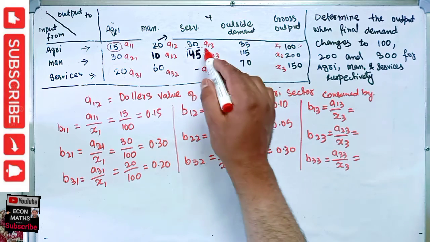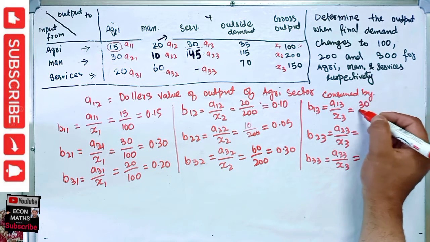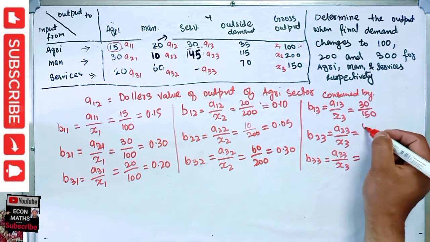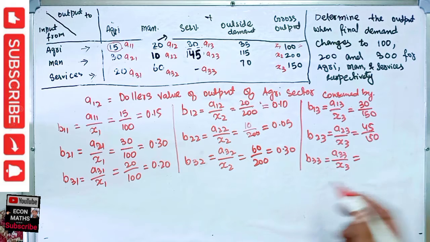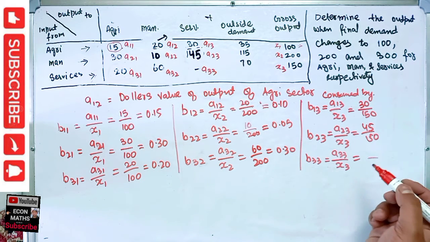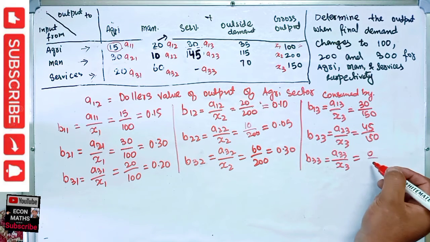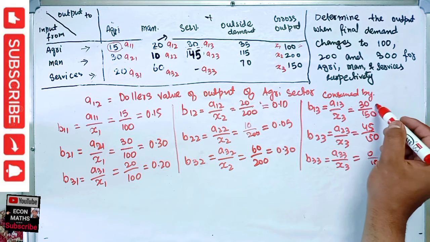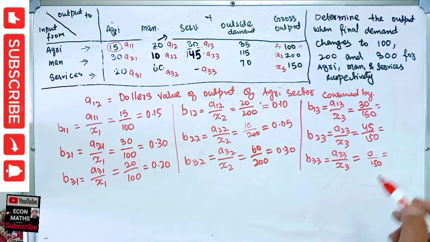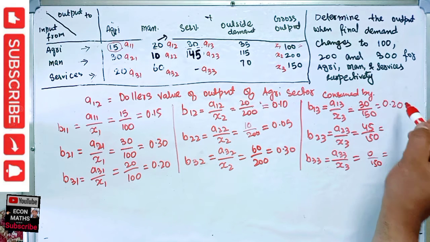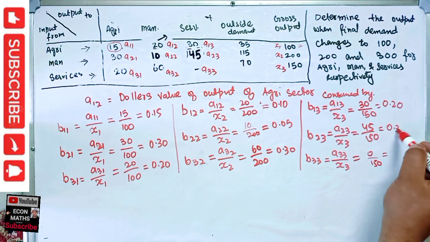A13 is 30 divided by 150. We have 45 divided by 150, and A33 is nothing here, so this will be 0. This is 0 divided by 150, which comes out to be 0.20, 0.30, and 0.00.